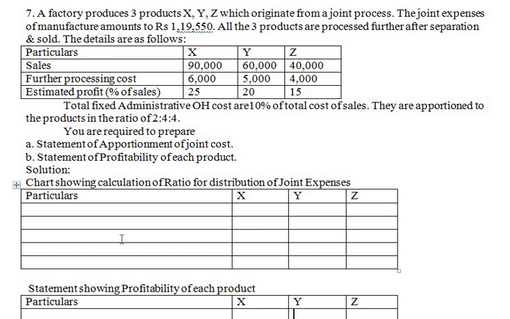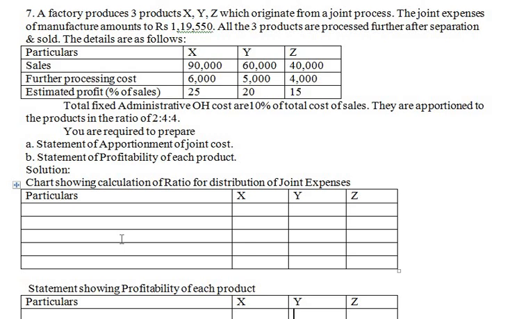All the three products are processed further after separation and sold. The details are as follows. Particulars X, Y and Z. Sales 90,000, 60,000, 40,000. Further processing cost is 6,000, 5,000, 4,000. Estimated profit, that is percentage of sales, 25, 20, 15.